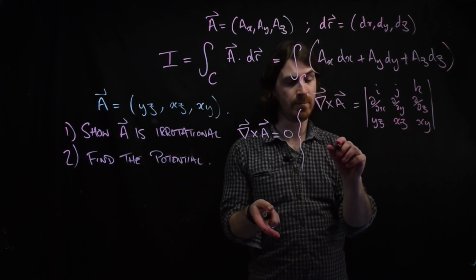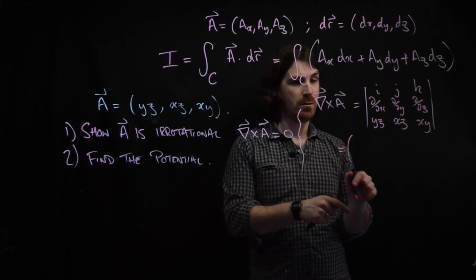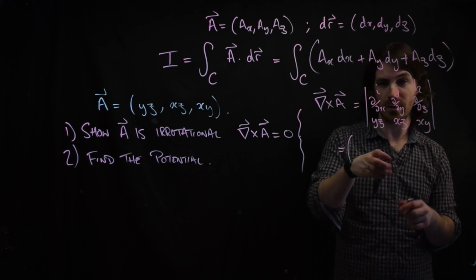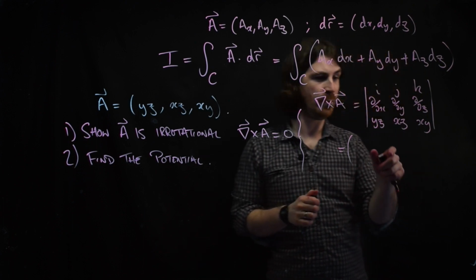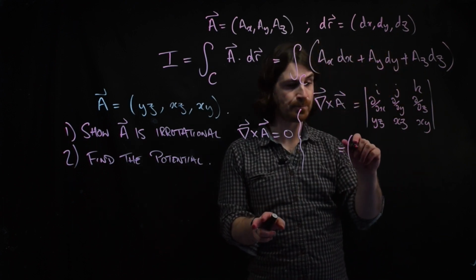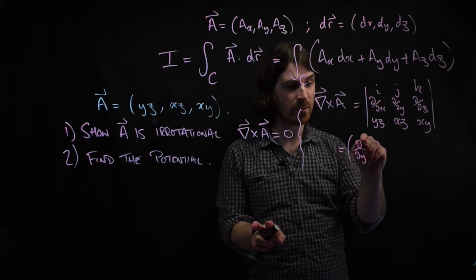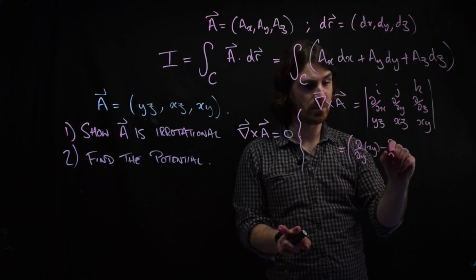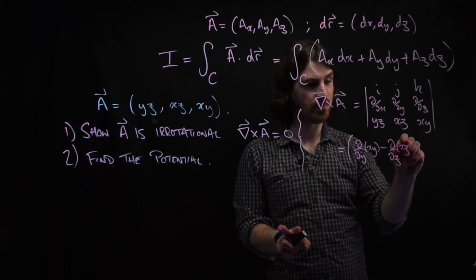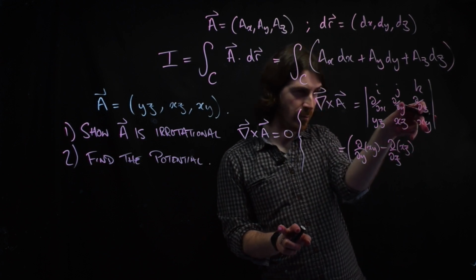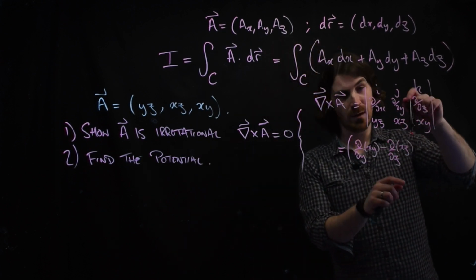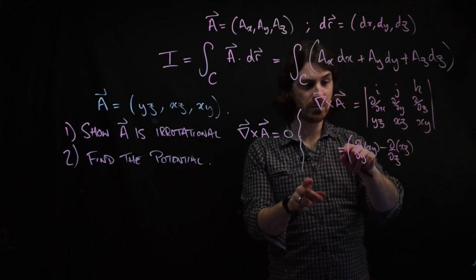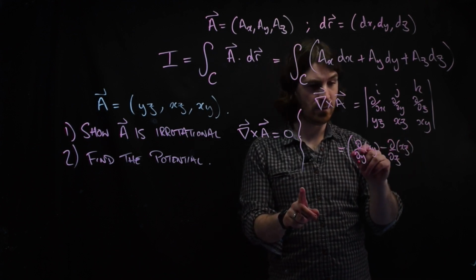Curl A is a vector. To get the first component, we hide the first column, and we do d by dy of xy, minus d by dz of xz. That's this minus this, remembering to keep the differential operator on the left-hand side. So that's the first component of our vector curl A.